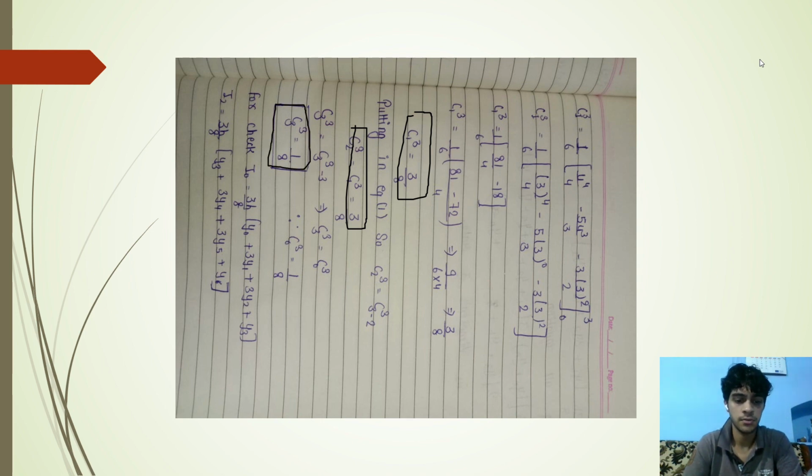Right here it is written. So then for the check, I0 equals 3h/8 times (y0 plus 3y1 plus 3y2 plus y3), I2 equals 3h/8 times (y3 plus 3y4 plus 3y5 plus y6). It is written right here.